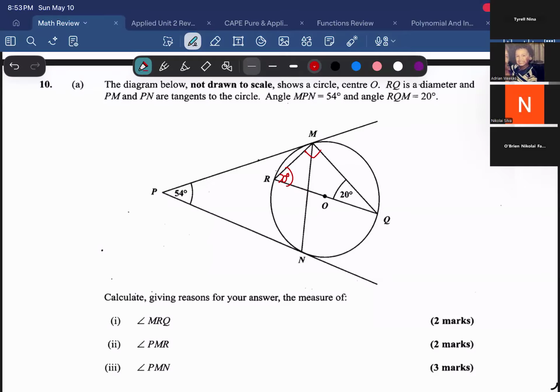So let's go. MRQ, 70 degrees, right? Angle in a triangle.